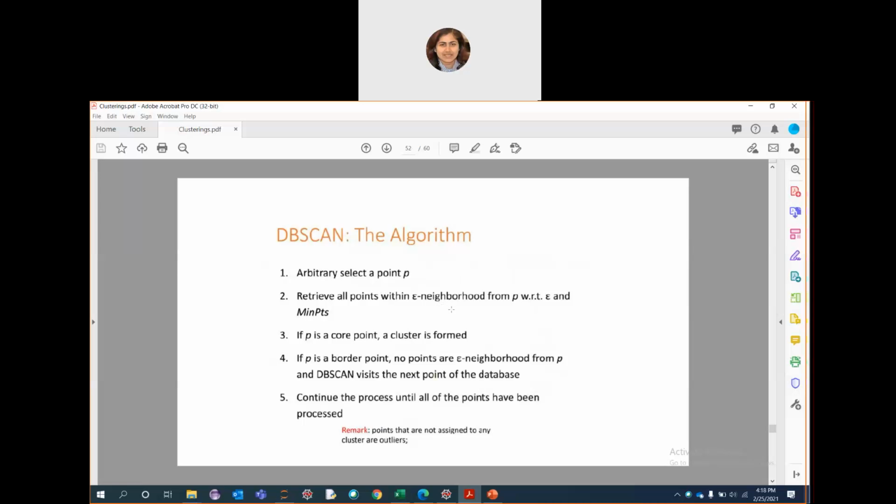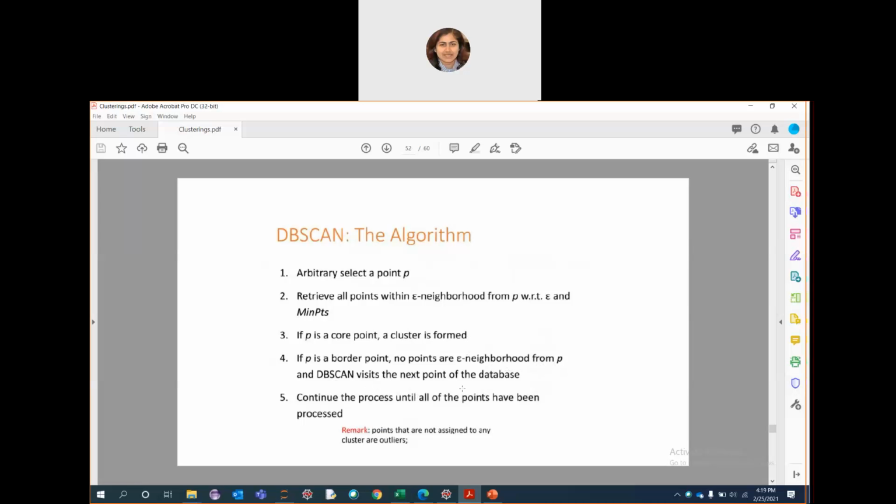Now you need to decide if P is a core point, then a cluster can be formed. But if P is a border point, so no points are in the epsilon distance from the point P, and DBScan will visit the next point in the whole data set.